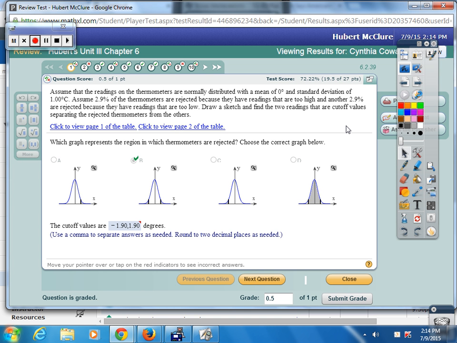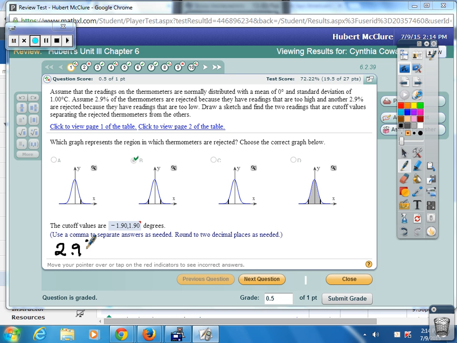Try that one. Well, this is like the one we did a while ago. Are they symmetrical? Yes. So find the left-hand side. So what is 2.9%? 2.9% is 0.0290.